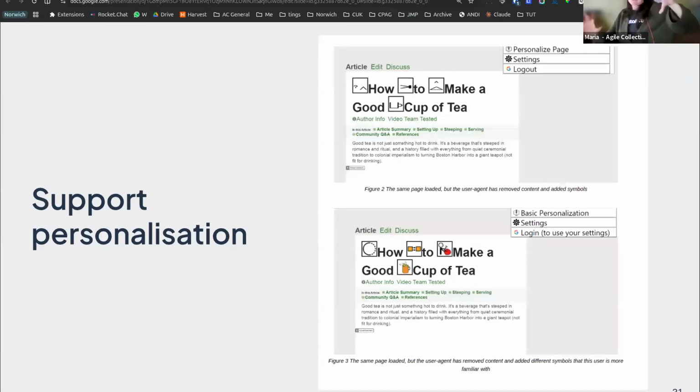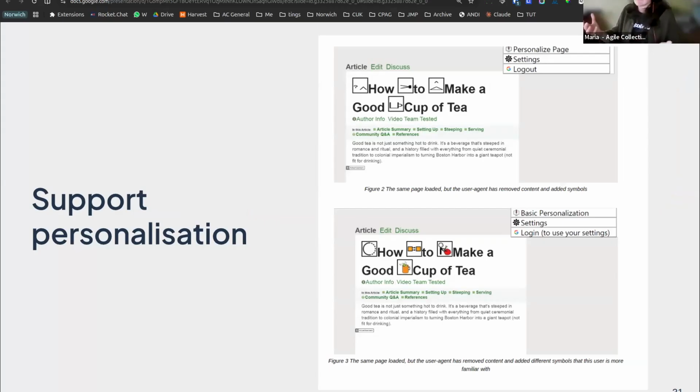There's some slightly more interesting ones. So here's a screenshot of something that exists currently, where for people who have severe language disabilities, sometimes they find it much harder to read text and easier to read symbols.